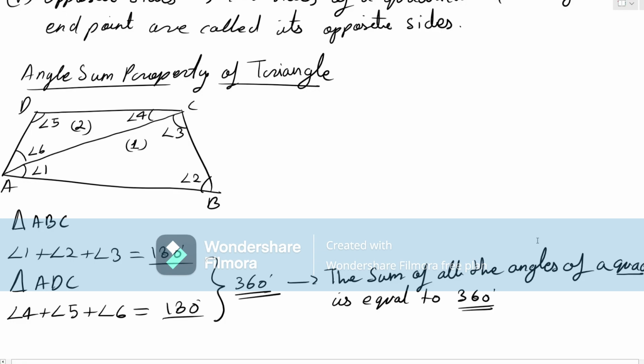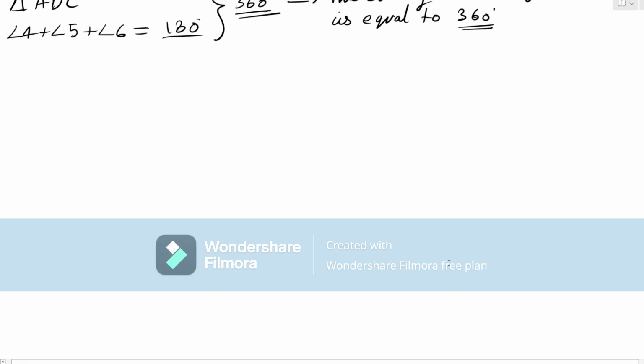Okay. Now let's move to theorems. Okay, theorem is the most important one in this chapter. Also angle sum property is equally important, theorems and angle sum property.